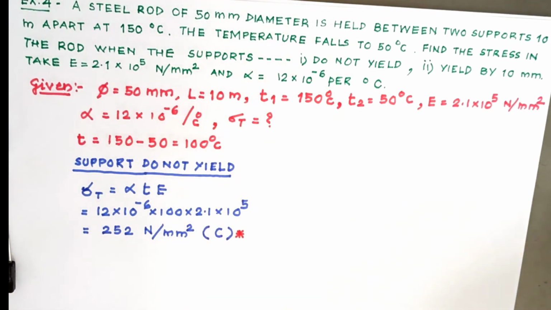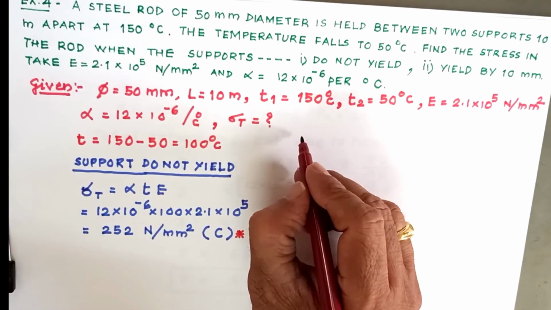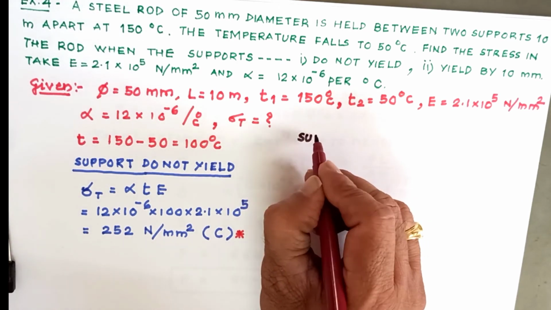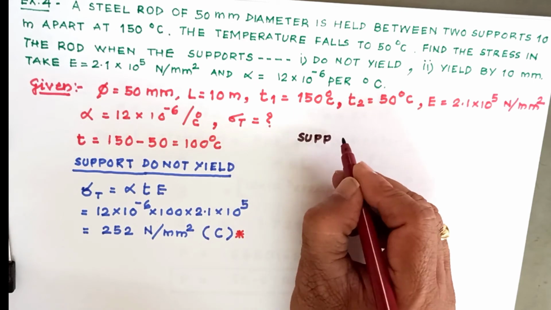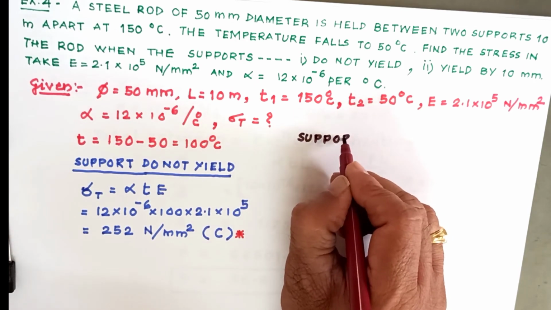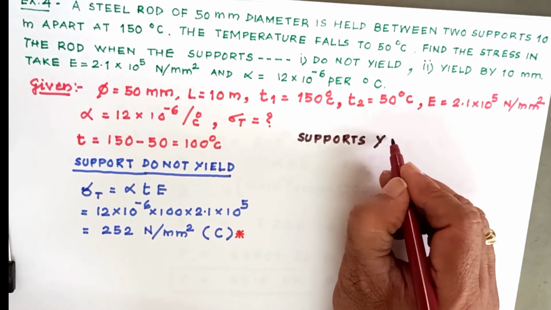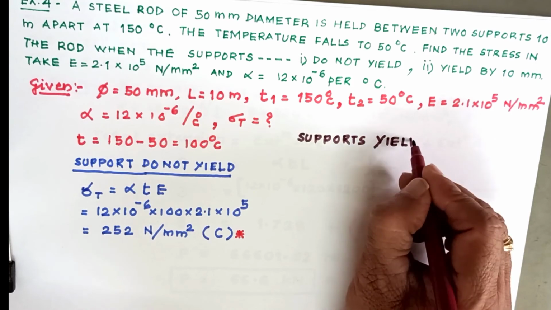Now let us go for the second answer, that is, supports yield. Supports yield by an amount 10 mm.